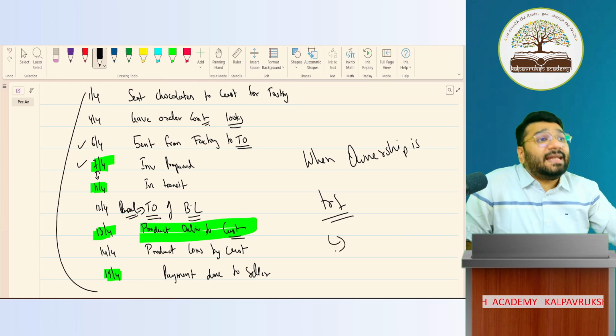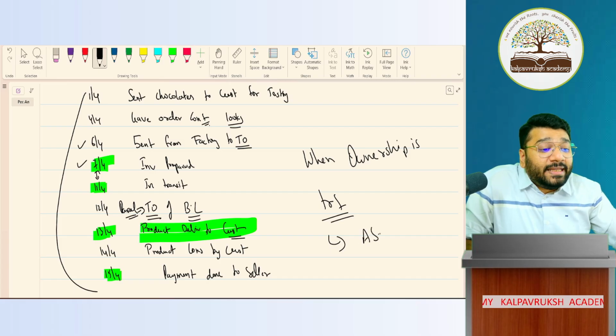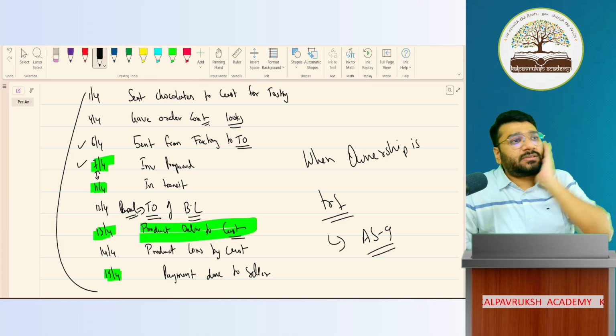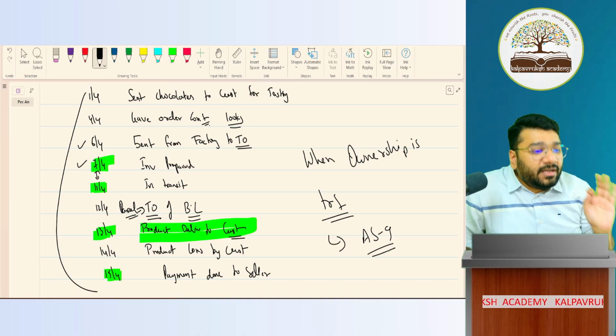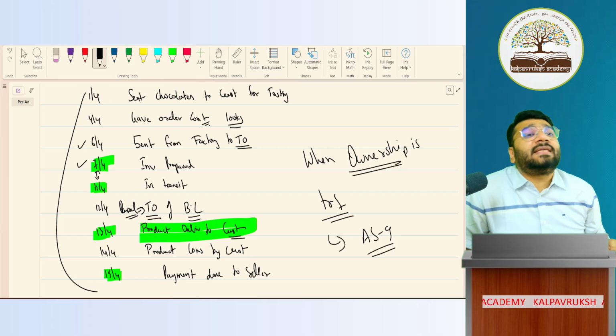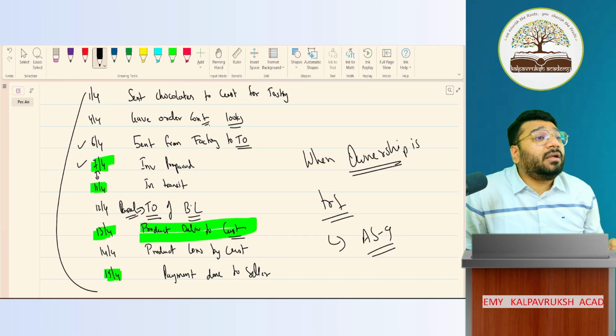About this, I'll discuss in depth in CA Intermediate in a chapter named Accounting Standard 9. Today we won't go into that much detail. Here, the simple rule is, I will record the sale entry when the ownership is transferred. Got it, not got it?